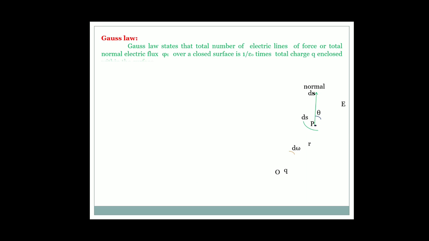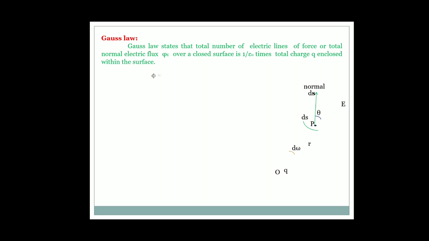Now we will define what Gauss law is. We know electric flux is nothing but the total number of lines of force passing normal to the surface. The electric flux enclosed by a closed surface is equal to 1 by epsilon naught times the total charge enclosed within the surface.